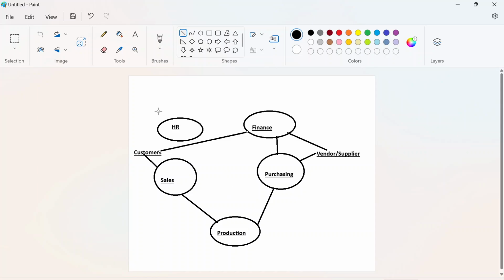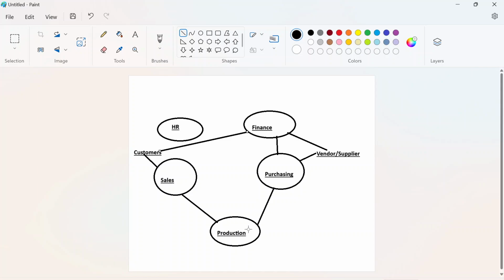Now, what is the role of the HR department here? Does it need to communicate with any of these departments, or will it work individually? Let's say for this additional 10 loads of order, there is no manpower available in the production department to fulfill this additional order. So what does the production department have to do?